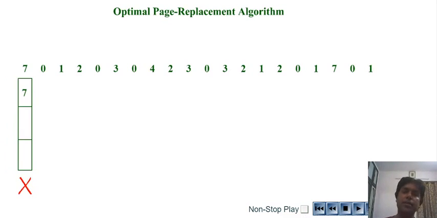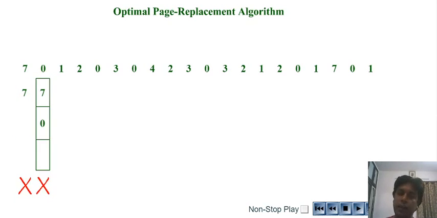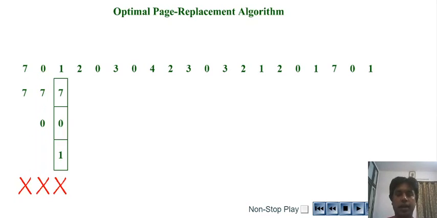Okay, so 7, as the memory is empty, is going to occupy one of the frames of my memory and is a clear indication of a page fault. 0 is again a page fault and 1 is again going to be a page fault, because initially my memory and all my frames are empty, so it is going to be a page miss or a page fault for the first 3 pages.